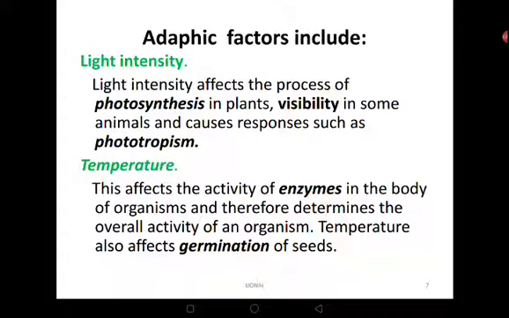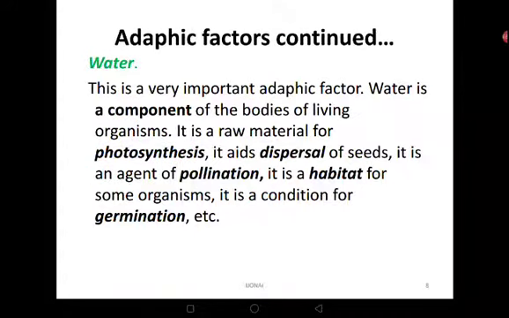And then it also has an impact on germination. You know, temperature is one of the factors affecting germination. So temperature is another very important Edaphic factor. So far we have looked at two Edaphic factors, light intensity, and then we have also looked at temperature. The other one is water.